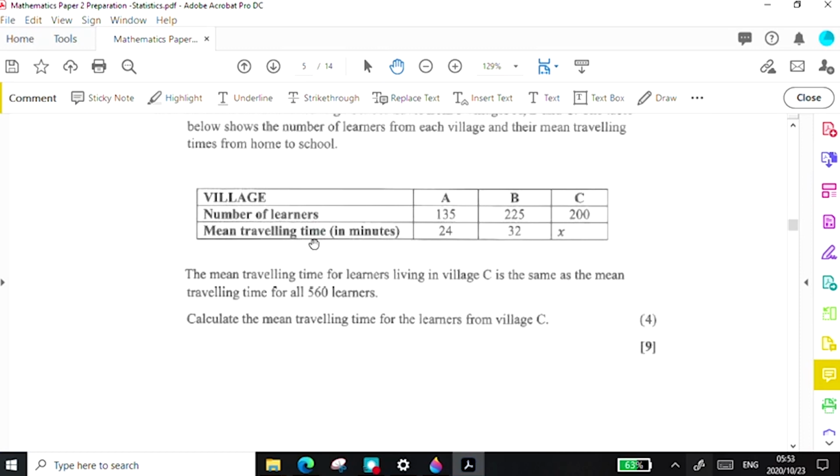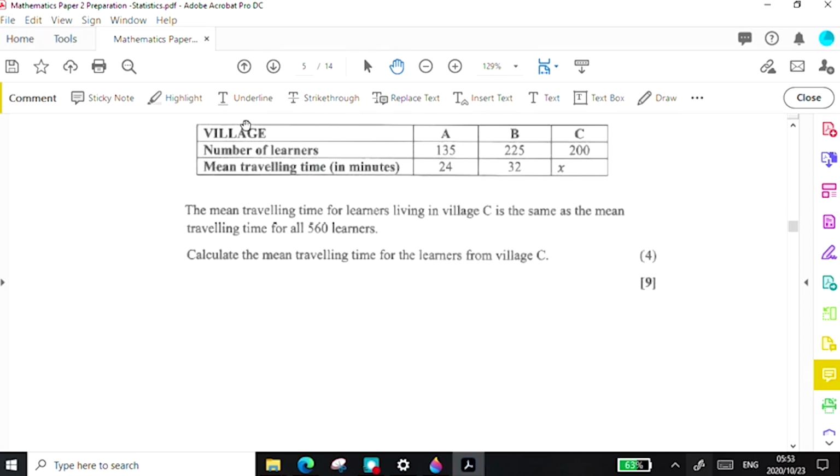We are given the mean travel time in minutes. For A, this is 24, for B, this is 32, and for C, it is X.